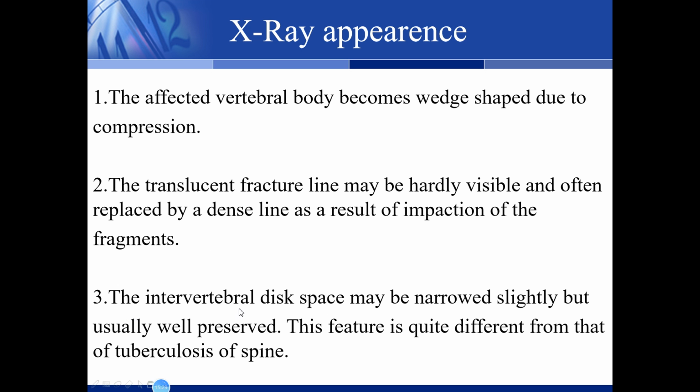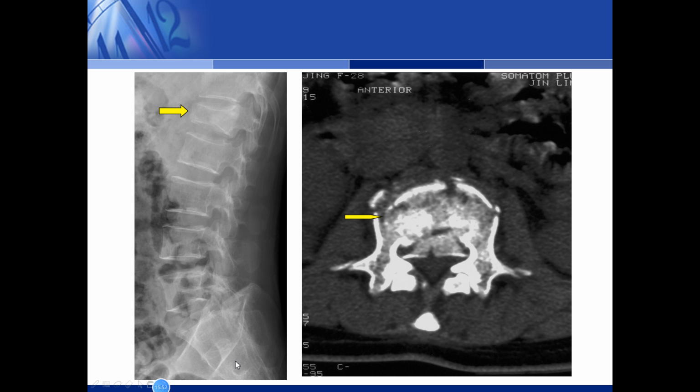The intervertebral disc space may be narrowed slightly, but usually well preserved. This fracture is quite different from that of tuberculosis of the spine, and then we will learn about tuberculosis of the spine. This is the fracture of the spine.